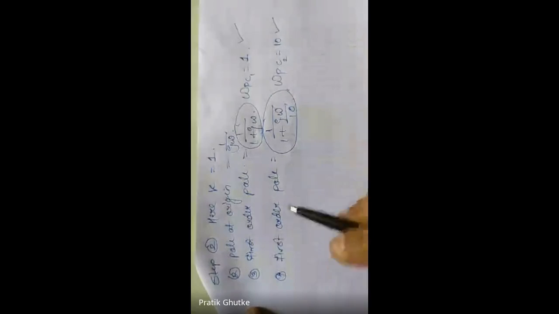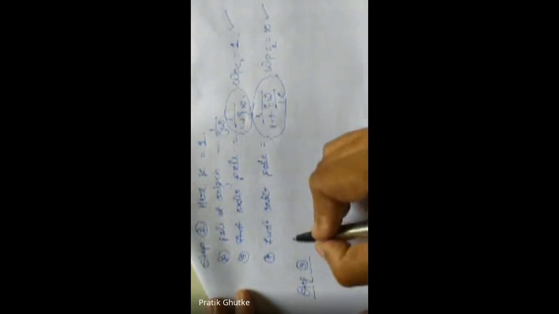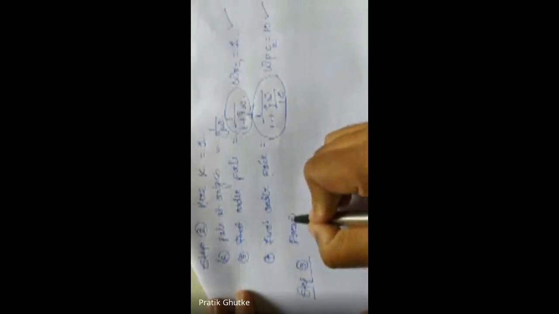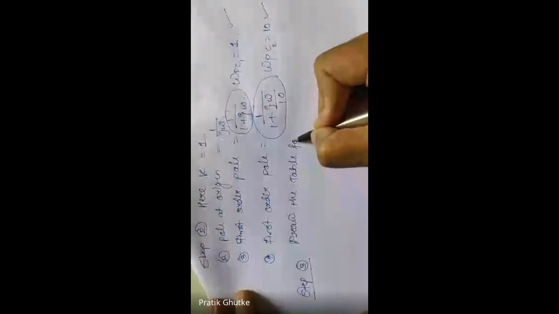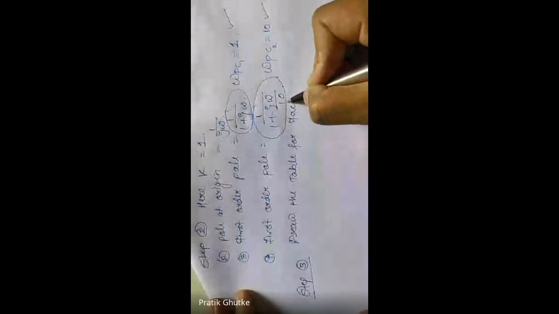So by calculating this, what is my next step? Step 3 is to draw the table for factors. There will be the serial number in the first column, then factors.